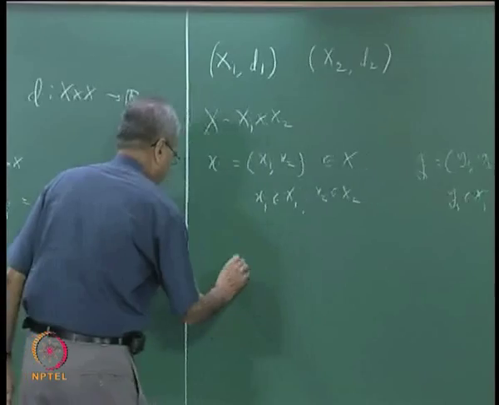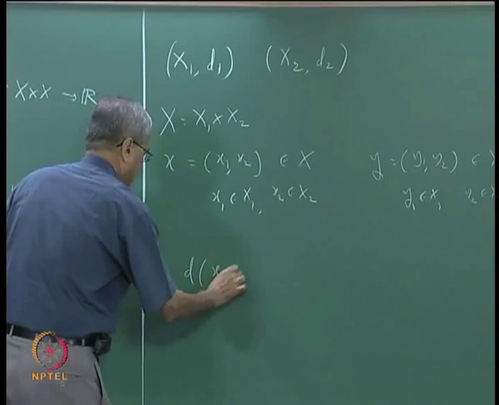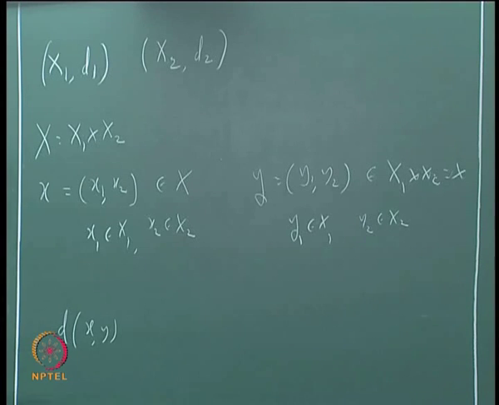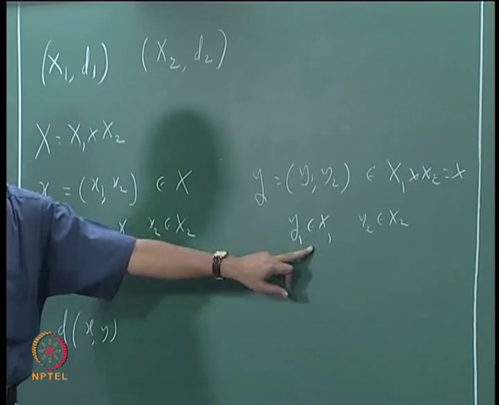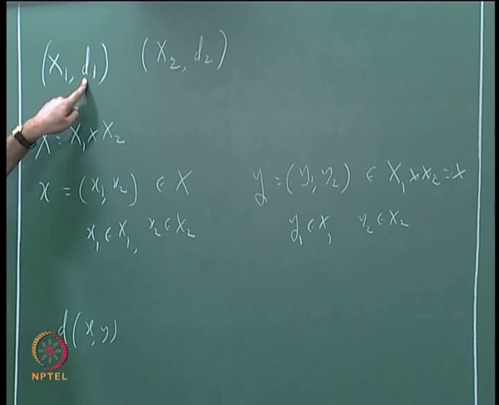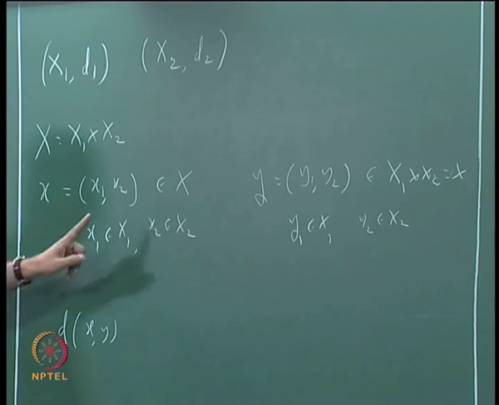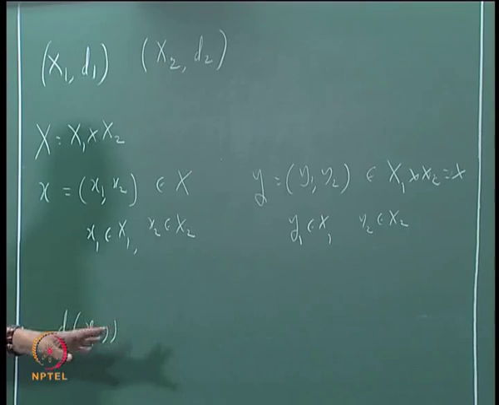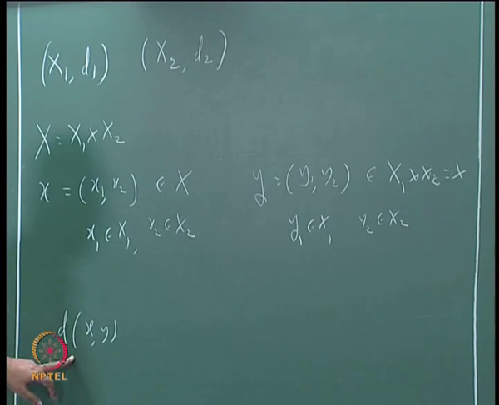Then since x1 and y1 are already in X1, and on X1 there is already a metric d1, I can talk of d1 between x1 and y1, and similarly d2 from x2 to y2, and I can combine these two functions in some way so that this new function also satisfies all the properties of a metric. Now there are several ways of doing this. Let me just take one illustration.